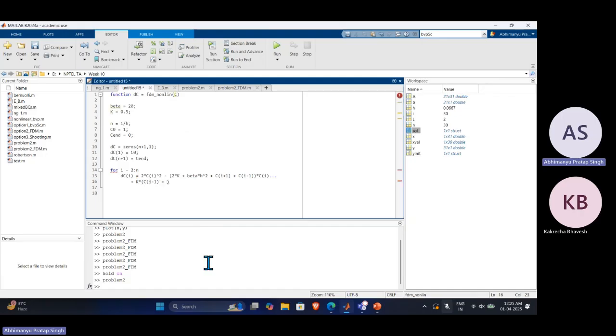Ci plus 1 plus Ci minus 1. And Cn plus 1, that should be C0 and Cn. And this is the entire loop.